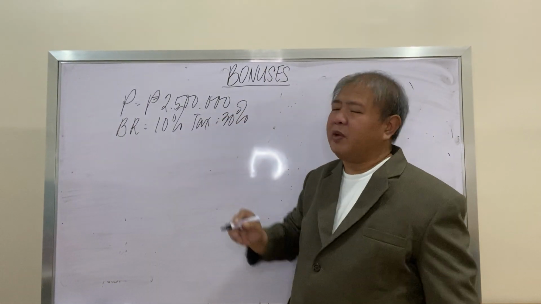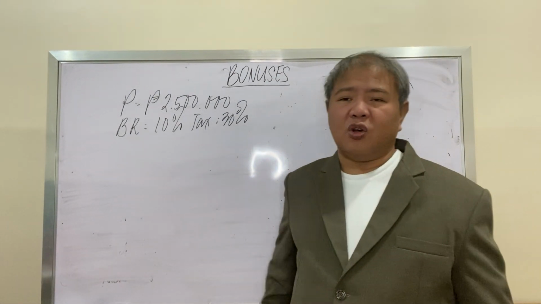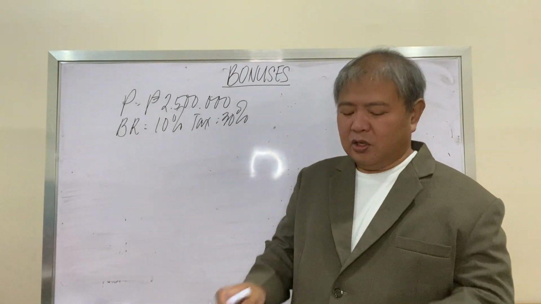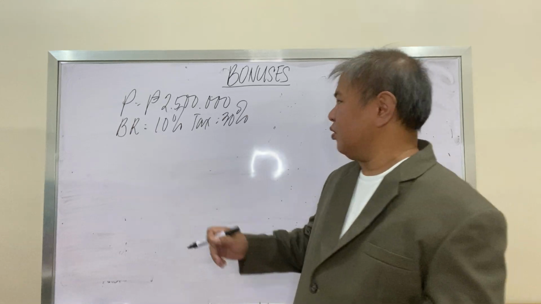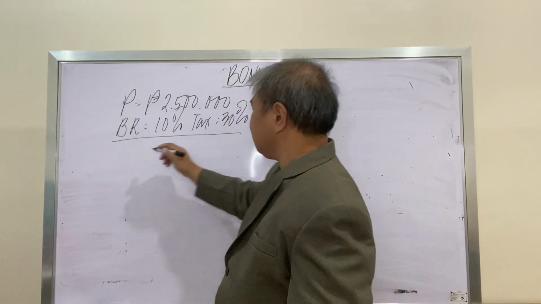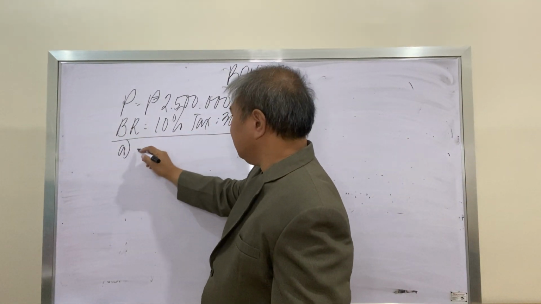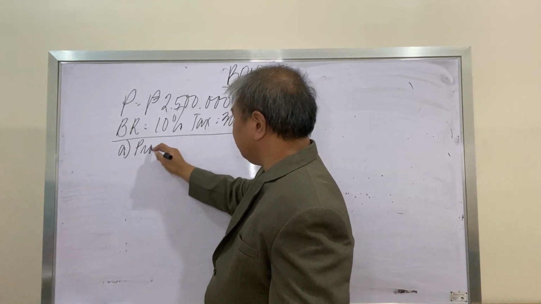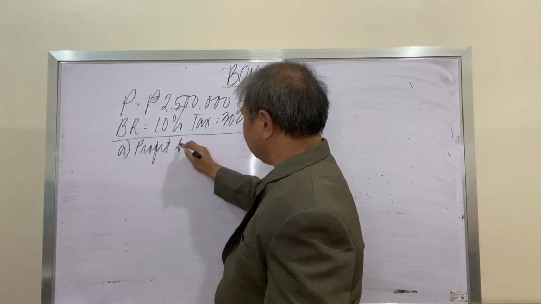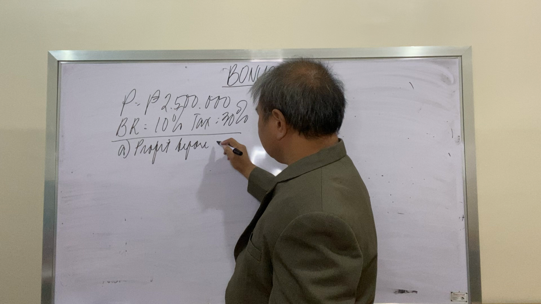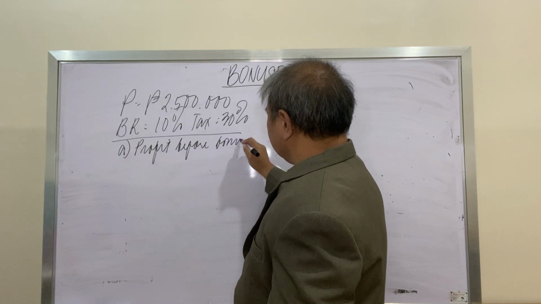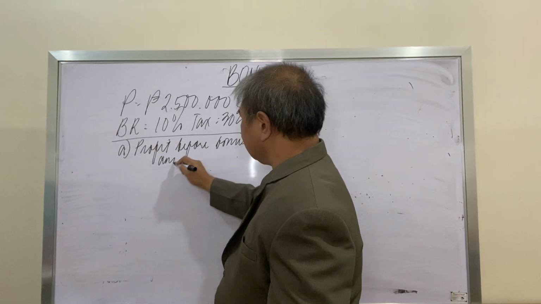As I mentioned, bonus can be based on gross or net profit, and can also have some variations. Number one, for instance, it could be based on profit before bonus and tax. This is the simplest, before bonus and tax.